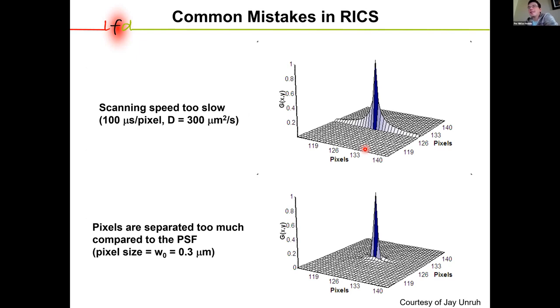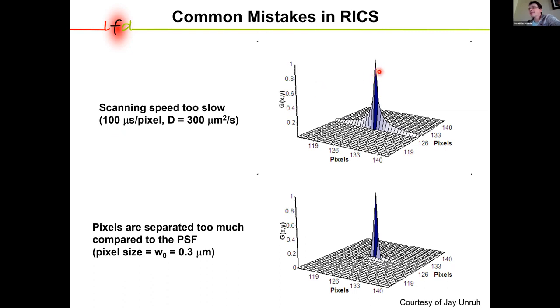So here's illustrated what happens if the parameters you set do not match the motion of the molecules. In the first example on the top, the scanning speed was set too slow. This 100 microsecond dwell time per pixel was used to measure the diffusion coefficient of a dye of 300 micrometers squared per second.